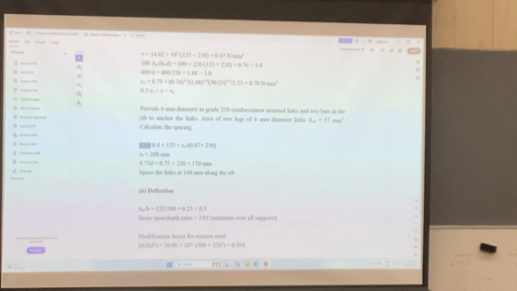And this equation is AS3, which is equal to 0.4 times the width, and then divided by the distance, and then equal to 0.87 times 250. This equation is the nominal length.